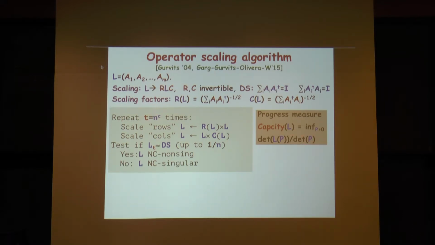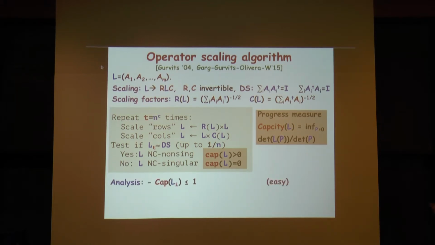And you look at how small the ratio can be, and in particular, whether this ratio goes to 0 as you take the infimum. Then it turns out that using the equivalence I told you before, you can prove that these conditions are equivalent to having positive capacity or 0 capacity. So that's what you want. It's like with the permanent being 0 or positive.